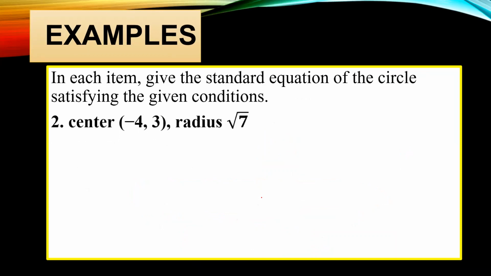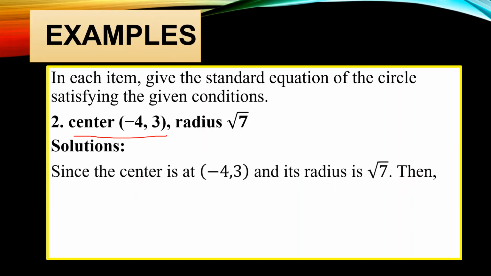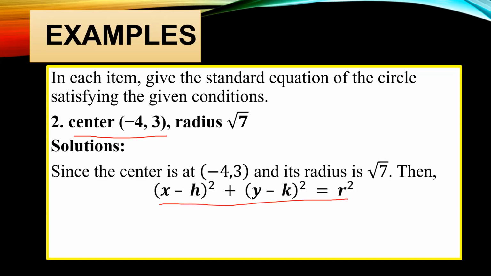Next, we have this one. Center at (-4, 3), radius is square root of 7. Next, we have the solutions. Since the center is at (-4, 3), and its radius is square root of 7, we will write the standard equation of a circle, that is x minus h squared plus y minus k squared is equal to r squared.